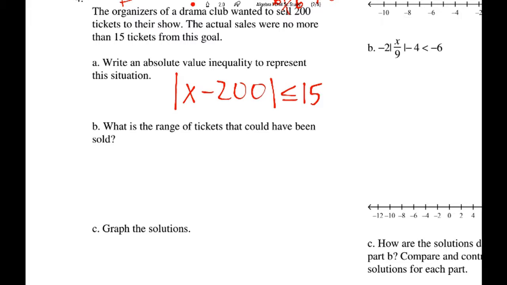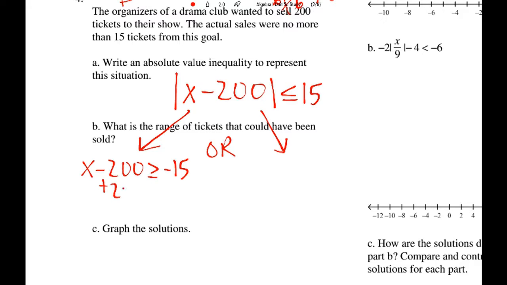Now, if you did your disjunction, which is again an OR statement, you're going to have x minus 200, and don't forget, when you negate, you flip your inequality symbol. We'll go ahead and solve.